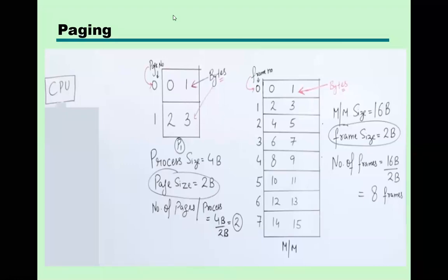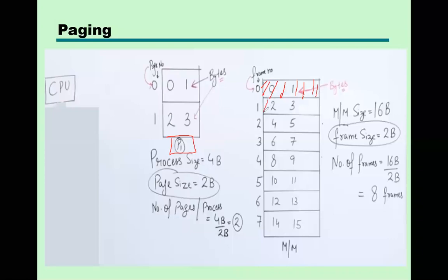Okay. So let us assume here this is the process P1 and these are the page numbers of process P1. Here we are assuming, considering this example, from the main memory, this slot is reserved for another process.